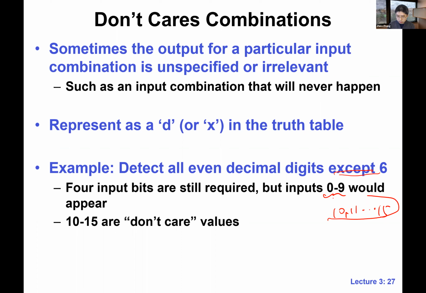For all these other input combinations, like 10, 11, or 15, we don't care about the output. We can output anything, either 0 or 1. This is not specified. This is something called don't care. We just don't care about the output in this case, because we only care about 0 through 9.